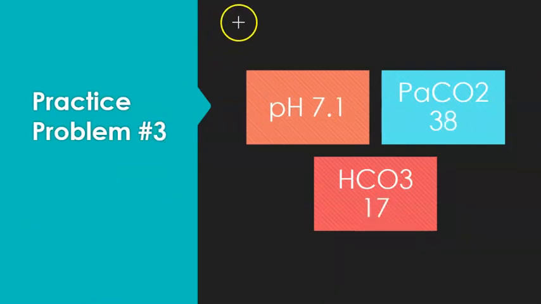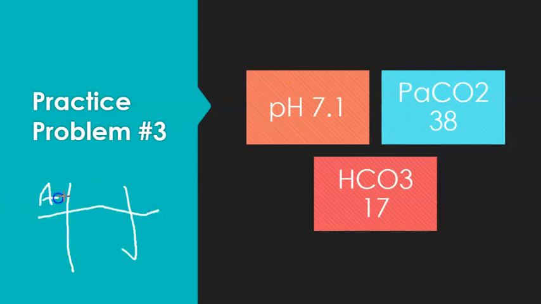Problem number 3, again with the grid. Acid, normal, and base. Our pH is 7.1, making it acidotic. Our PaCO2 is 38, which is a normal value.